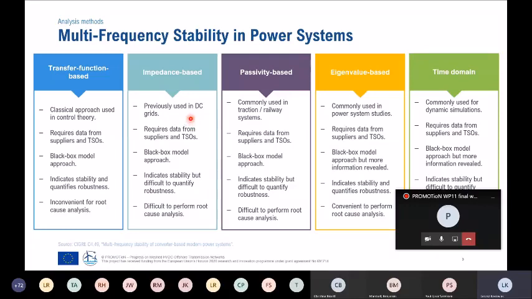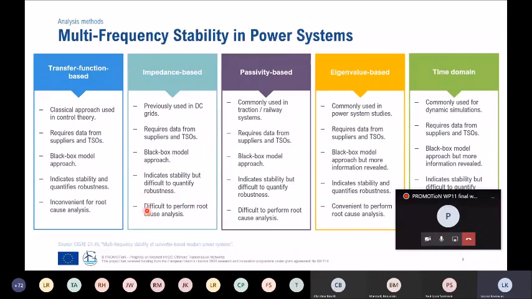It has been taken from DC grids at some point of time, and right now is, I think, extensively used in both DC and AC grids. What is maybe the most challenging part is that within this method it is difficult to quantify the robustness, as the impedance profile might change from busbar to busbar.